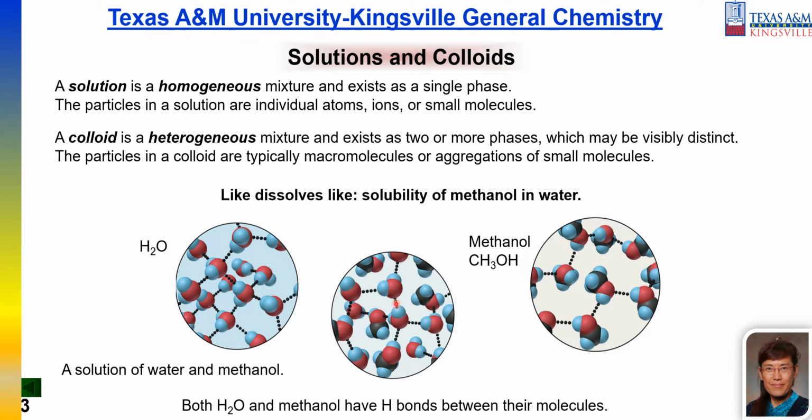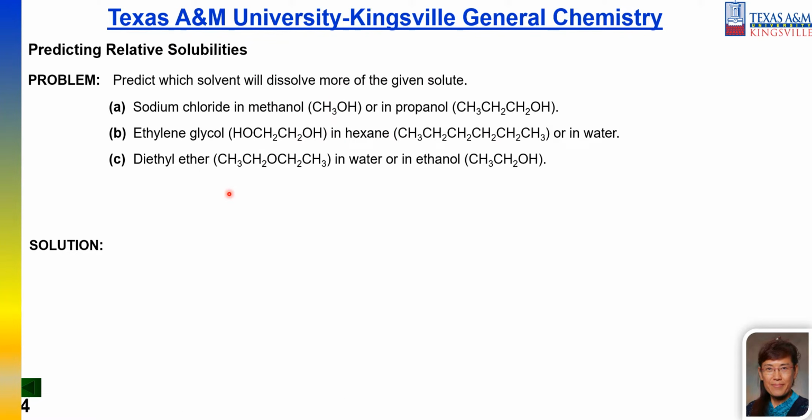Therefore, these 2 molecules are both polar molecules, and they can form strong hydrogen bonds, meaning the methanol can dissolve in water very well. So this rule is called like dissolves like. Let's predict the solubilities of some different compounds.